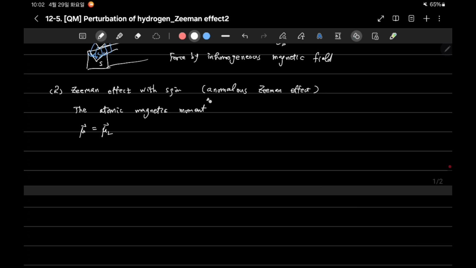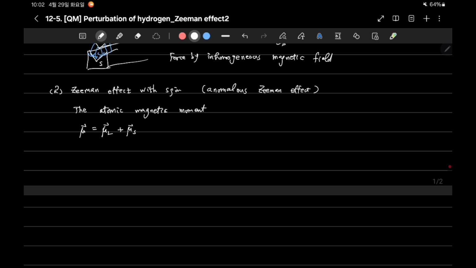This terminology is only from the theoretical calculation, and it is more realistic. So I think it is not abnormal, but it is a normal Zeeman effect, and normally we should consider the spin.